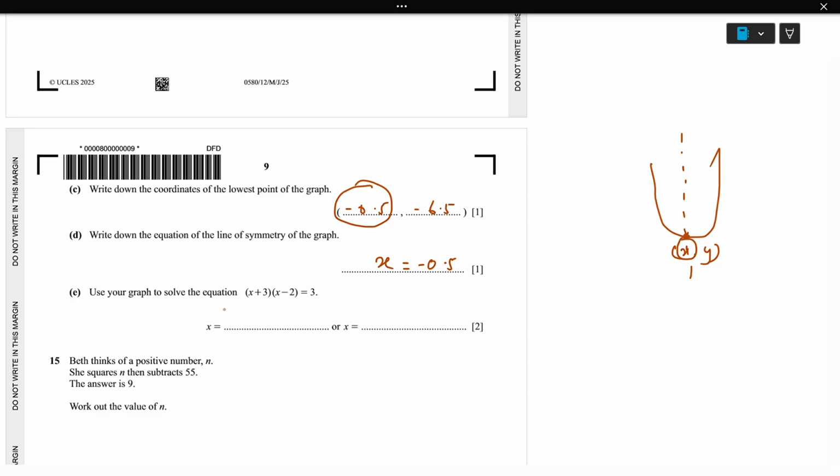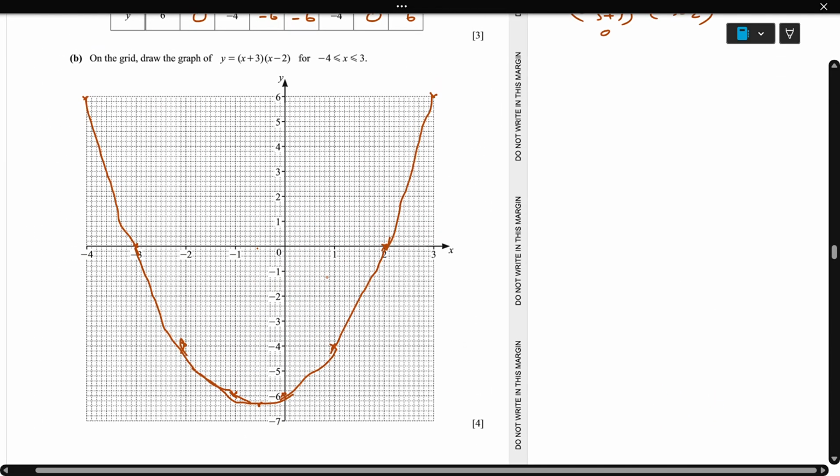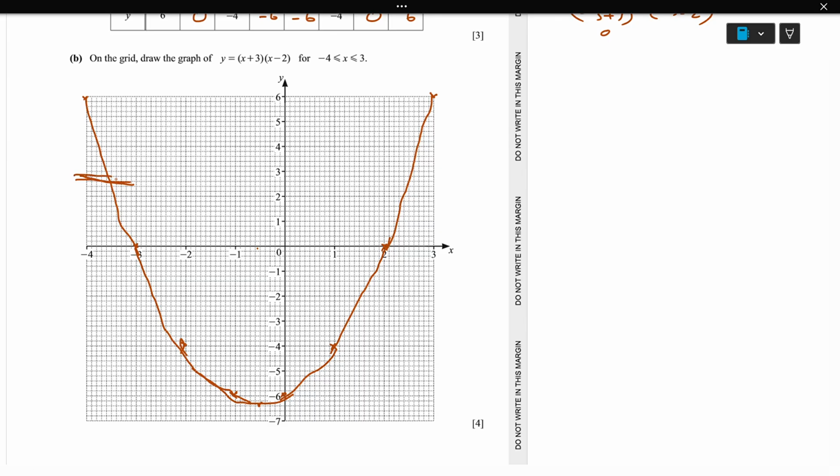Use your graph to solve this equation. So now equal to 3, so y equal to 3. Just draw a line at y equal to 3. I'm not going to get the accurate value. Just draw with the ruler here, where the 3 is coming.